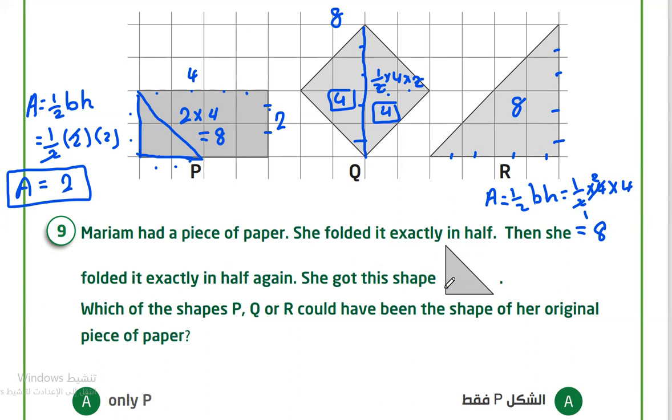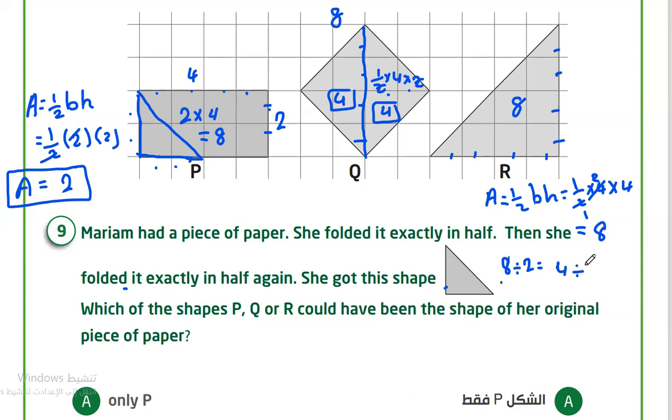So now what about this triangle? Because the question said Mariam had a piece of paper, she folded it exactly in half. So if I suppose the area is 8, then the half is 4, right? This is the first time. Folded it exactly in half again.